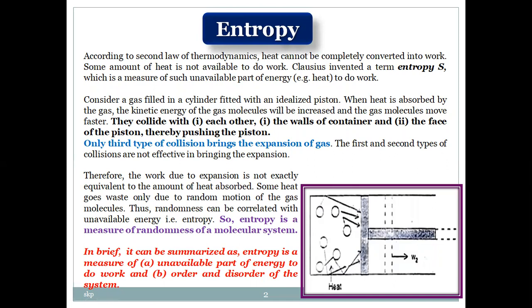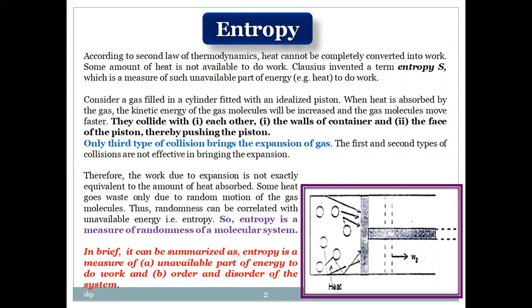That means they are dissipating the energy, and the actual work done, which is the expansion of gas, comes only from collisions with the piston. Therefore, the work due to expansion is not exactly equivalent to the amount of heat absorbed. Some heat goes waste only due to random motion of the gas.